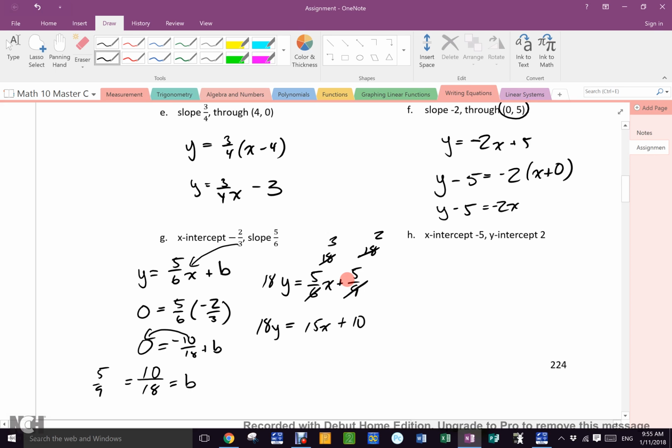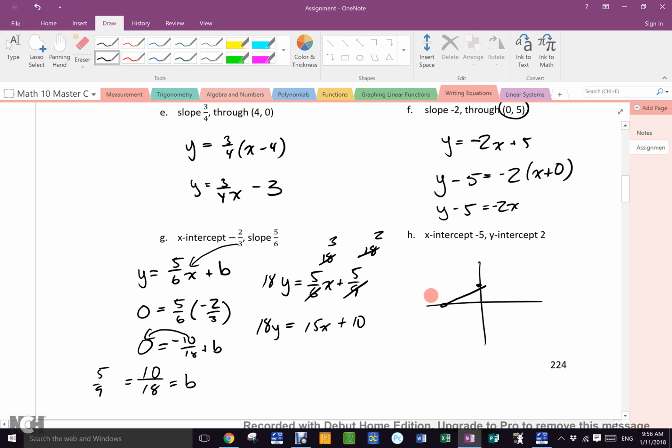The point I'm trying to make here is, again, the same point I was trying to make yesterday and the whole last unit. X and Y always work. No matter what else is happening, you can always put X and Y coordinates into the equation. Cool? And then this one, it's another x-intercept, y-intercept. -5 is way out here, +2.